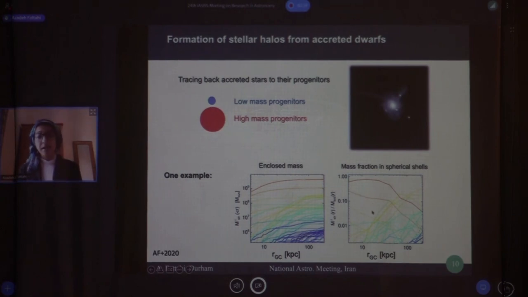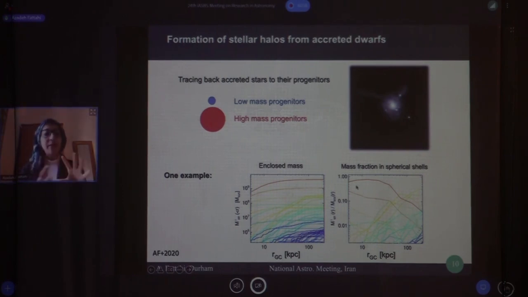The other interesting trend is that the inner region is pretty much dominated by these big objects. But as we move out in the stellar halo, towards the outer skirts, we start to see other smaller objects also have a notable contribution, going from almost 1% to maybe 10% in the outer region.